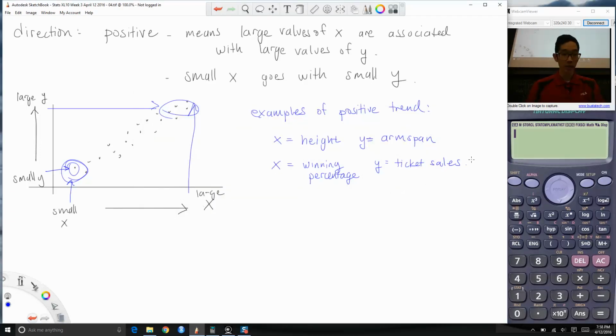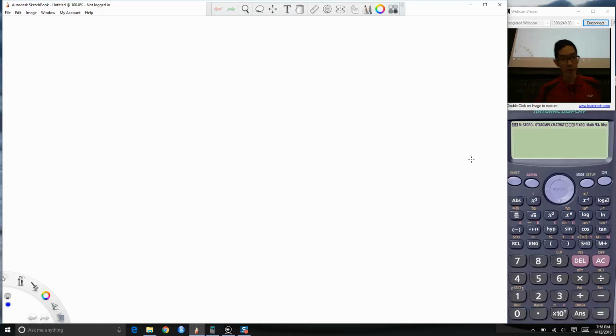And then the flip side would be a negative trend, so negative direction. What does this mean?